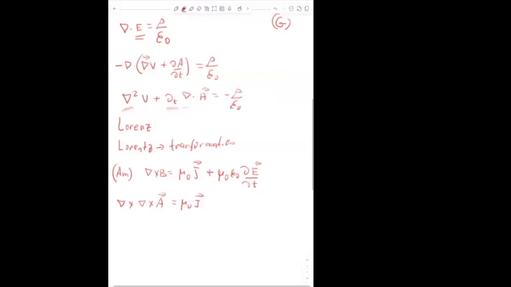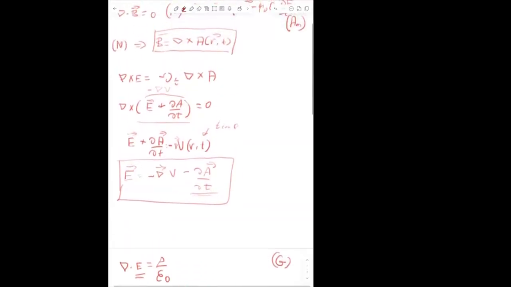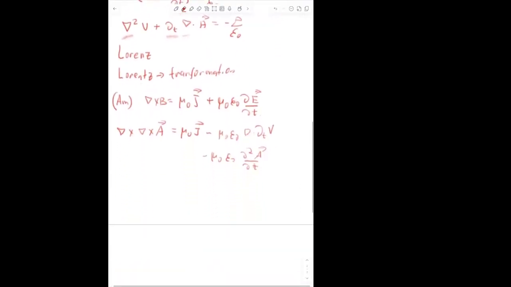So I'll get here a minus sign, mu0 epsilon 0, and then I get d/dt of grad V minus mu0 epsilon 0 second derivative of A with respect to t squared. Where does the second derivative come from? It came from this derivative with respect to time, that is Maxwell's correction to Ampere's law, together with this definition of the dA/dt. So two time derivatives gave me the second derivative with respect to time.